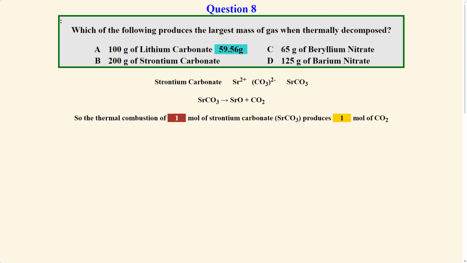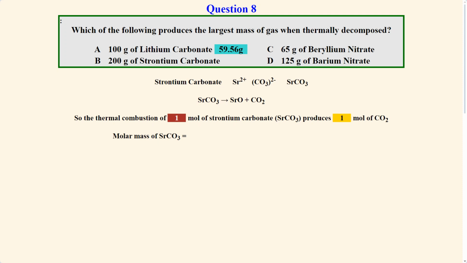So from the equation we see that 1 mole of strontium carbonate, when we heat it up, gives us 1 mole of the gas, the CO2. But we've got 200 grams of strontium carbonate, so we've got to find out how much gas that produces. So we need to know how many moles of strontium carbonate 200 grams is.